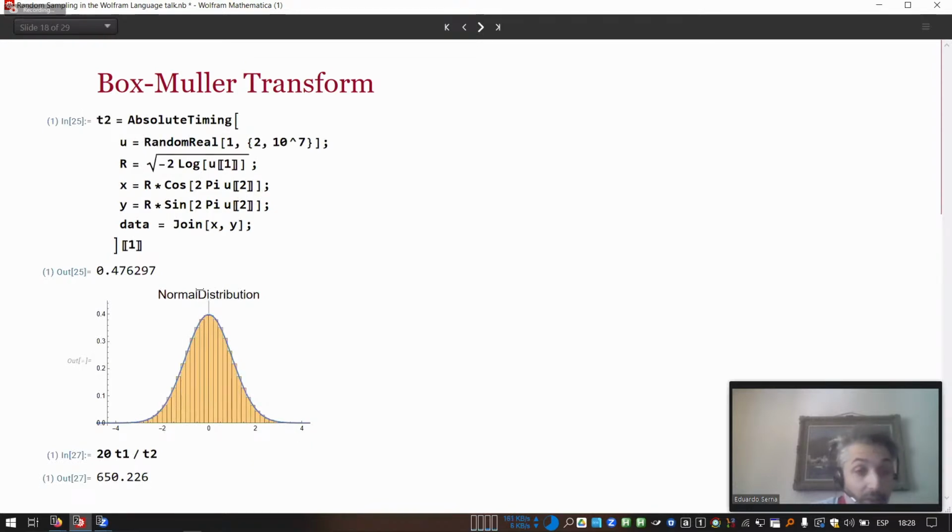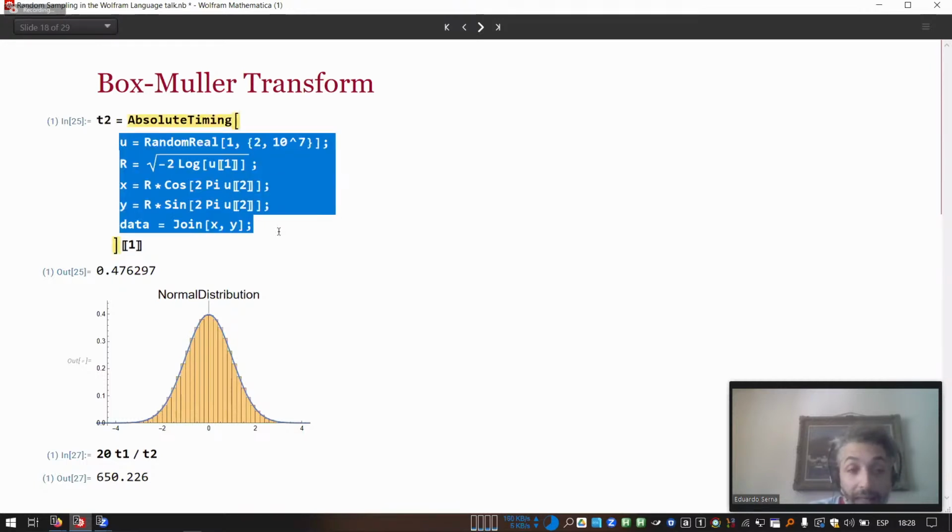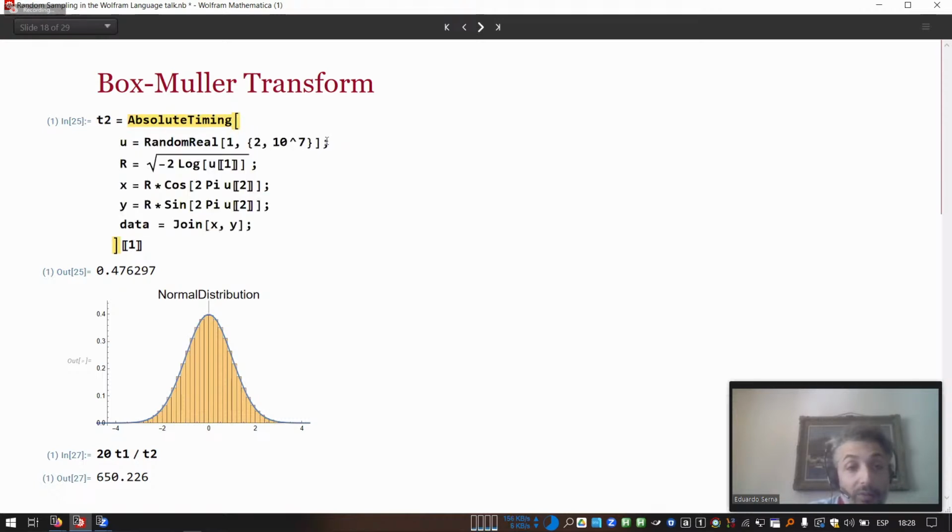Another reason I wanted to show the Box-Muller transform is that this code is trivial to write, and it can run very, very fast as well. This is the procedure we talked about earlier. We generate pairs of uniform random variables.